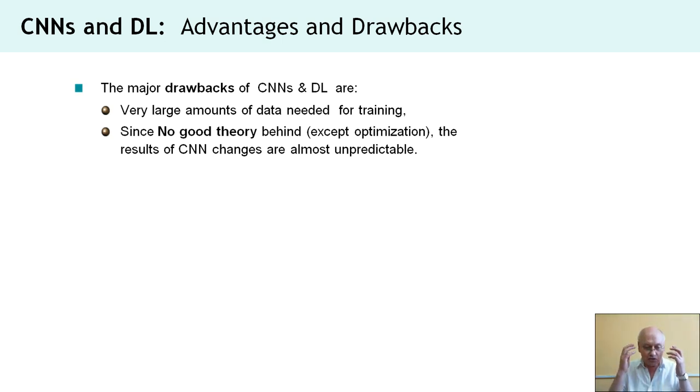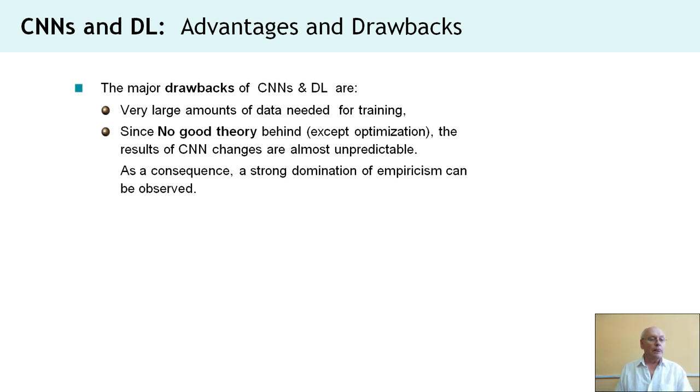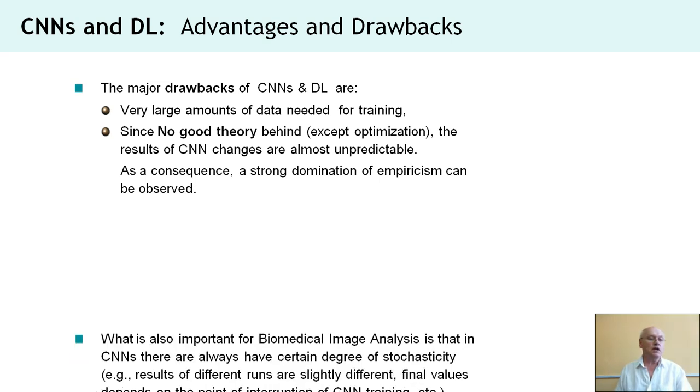It takes time, you run it and you look, wow, that got better, or unfortunately it got worse. There is almost no way to predict the result, because there is no theory so far. As a consequence, it's a strongly empirical area, I would say.